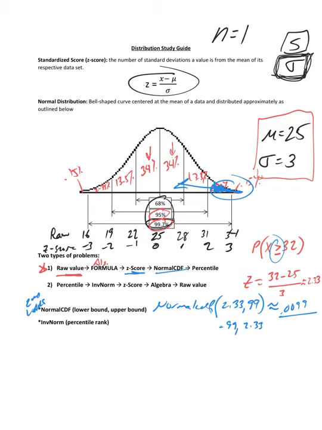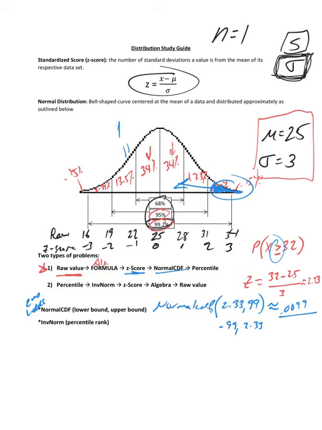In that case, you'd find the z-score for both, and then you'd run a normal CDF from the lower z-score to the greater z-score, and you'd find that area in between. So you can have greater than, less than, or in between on the normal curve. And again, it's all about finding the area of that shaded region. And the overall area of the curve, it's important to note, is 1, representing 100% that you'd be somewhere under the curve, and it's all in that probability scenario there.